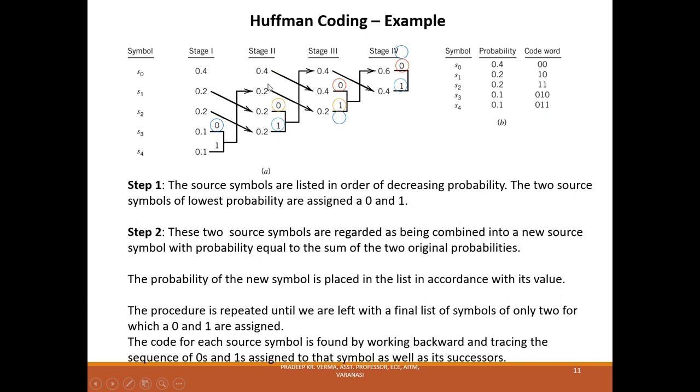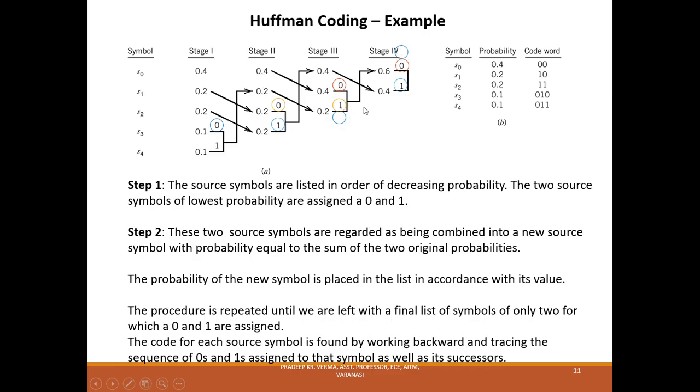Then the addition of S3 and S4 probability, that is 0.2, is arranged next. Then we will perform another addition, that is we will add 0.4 and 0.2, since these are the least two probable symbols, and we will get 0.6.